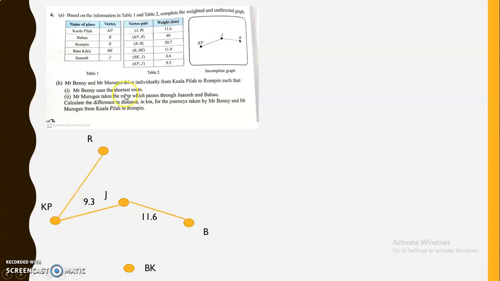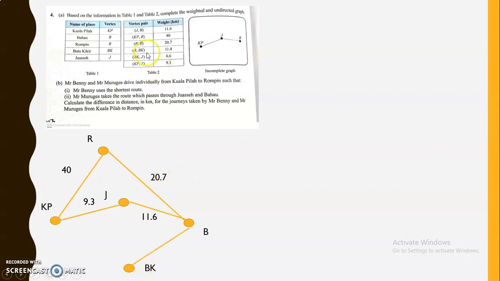Okay, now we check one by one. Okay, this one 11.6, you got KP to R is 40. So KP means Kuala Pilah to Rompin is 40 km. So I mark here the weight is 40. Okay, Bahau to Rompin is 20.7. Okay, sorry, 20.7.